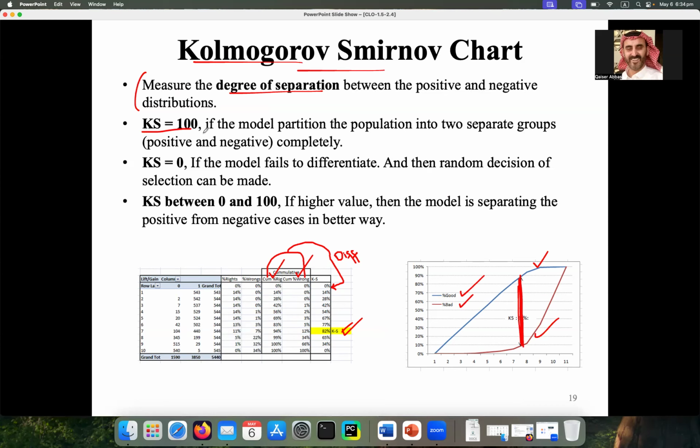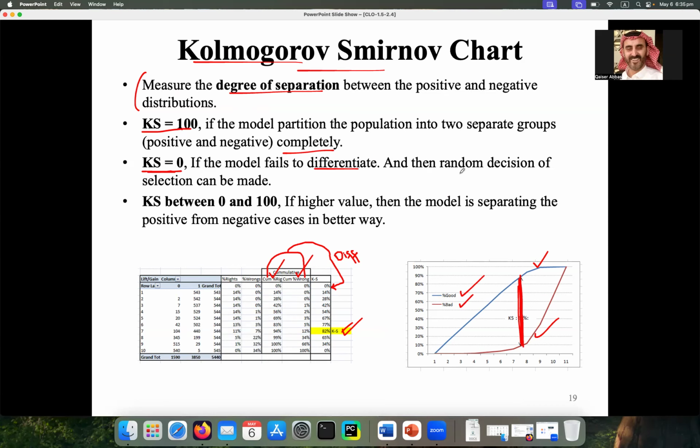It means that your model has partitioned the two classes completely. And if KS is 0, it means that your model fails to differentiate the two classes completely.